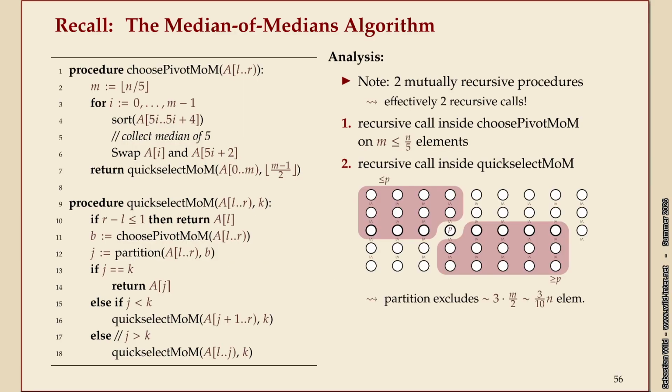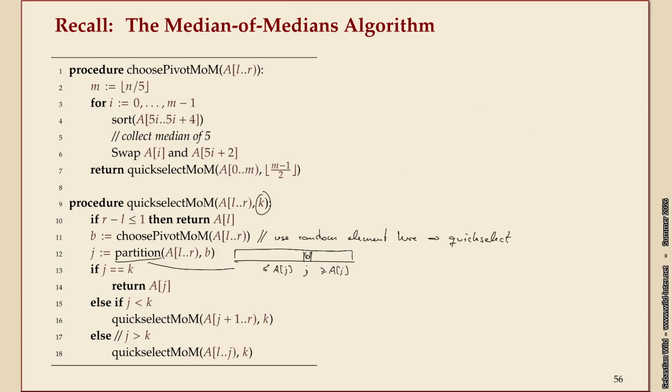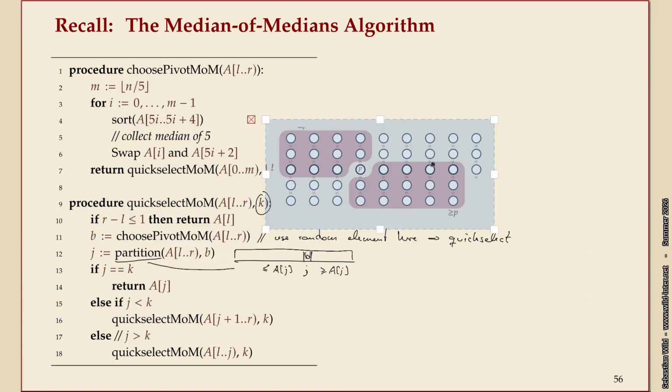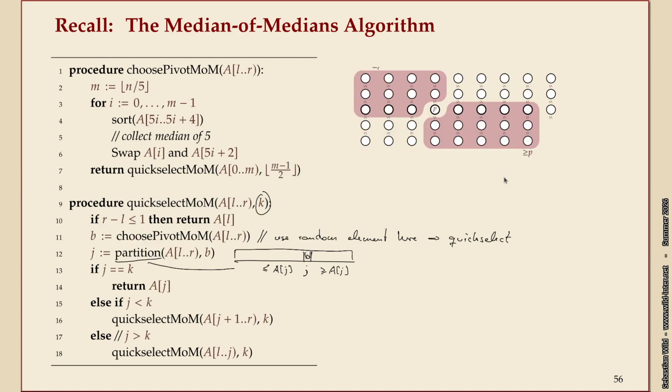Let me go to the figure here. This is part of the analysis, but you can also turn it into a description of the algorithm. So for the moment, ignore these little signs next to it. But just to explain what happens here, we group the elements into columns of 5 elements.